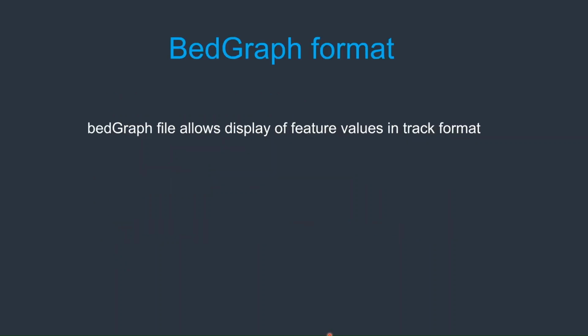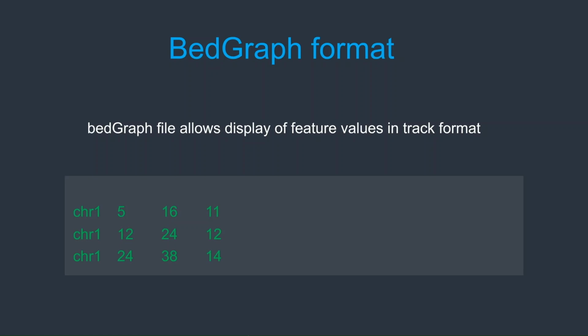At the end of this video, I also want to touch on the BedGraph format, which is based on the BED file. The BedGraph file format allows display of feature values in the track format. A BedGraph file is very similar to a BED file. The first three columns are identical between a BED file and a BedGraph file. But the fourth column is the score column in a BedGraph file.